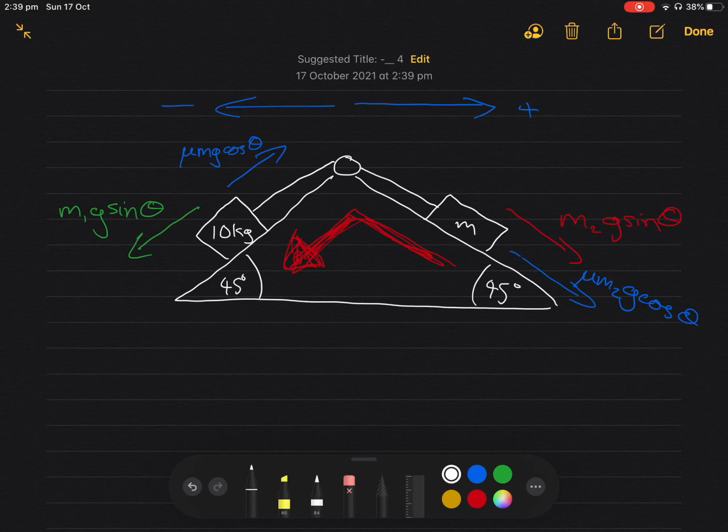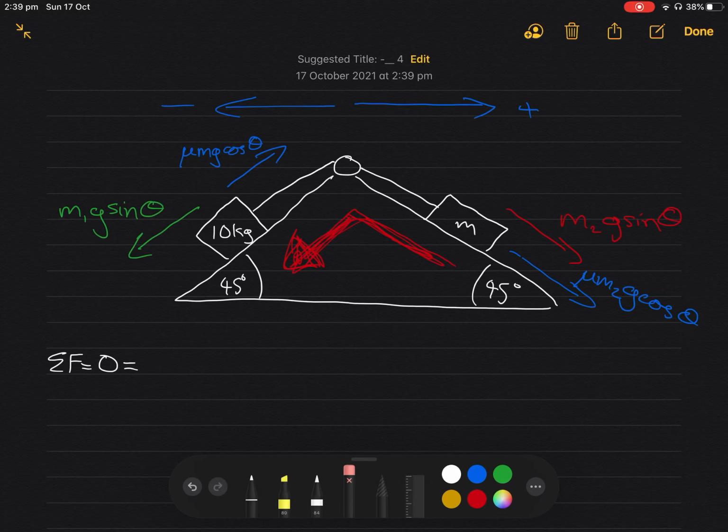So what I end up with is a net force equal to 0, and all the forces are negative m1. Actually, I'll do it in green, make this nice and clear.